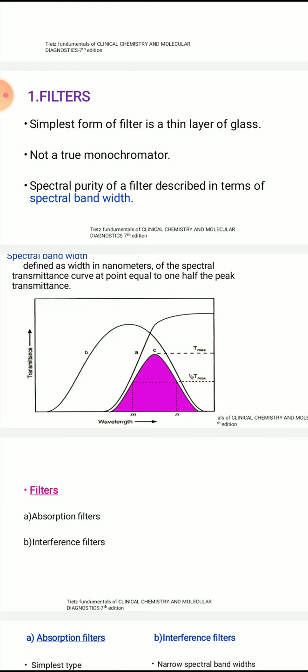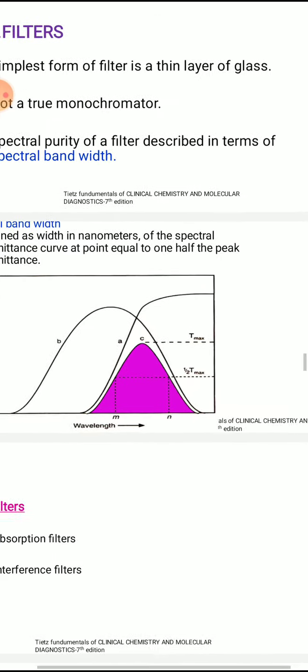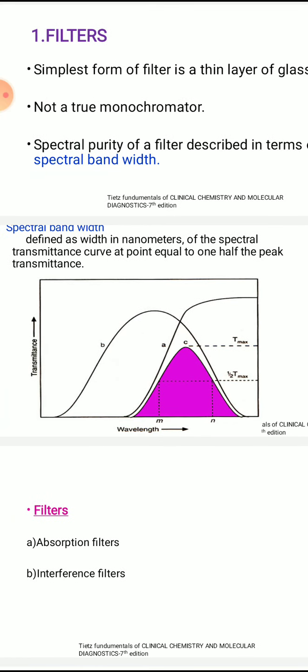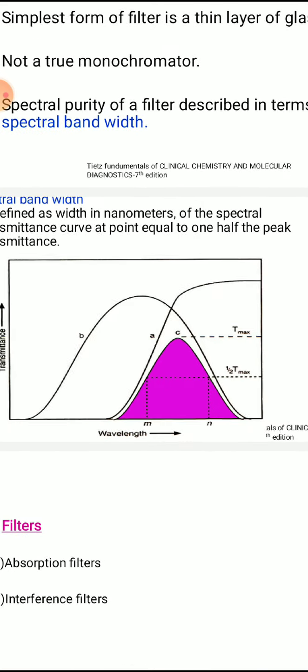The spectral purity of a filter is described in terms of spectral bandwidth. What is the spectral bandwidth? The spectral bandwidth is defined as the width in nanometers of the spectral transmittance curve at a point equal to one half of the peak transmittance.